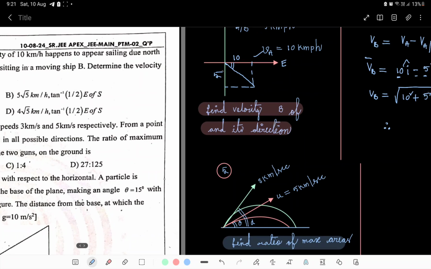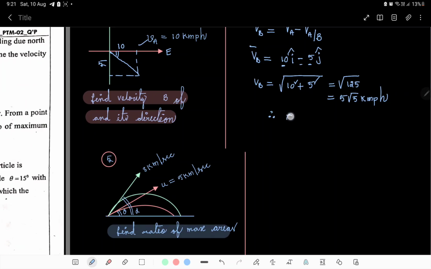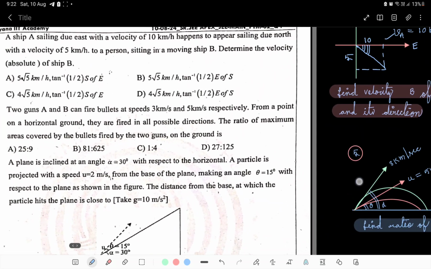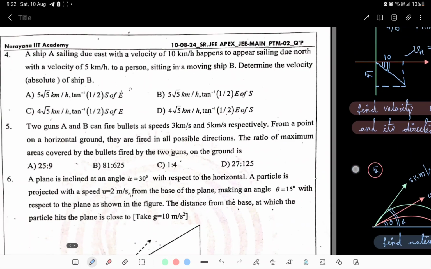So in which direction is this? It is south of east, therefore option 1. The answer for this question is option 1.